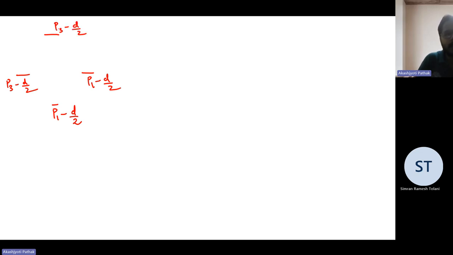So due to the application of the saturating pulse, the nuclear spin population changed. This one changed from P1 to P1 minus D by 2. Here also it is P1 minus D by 2. Here it is P3 minus D by 2, and this is P3 minus D by 2.